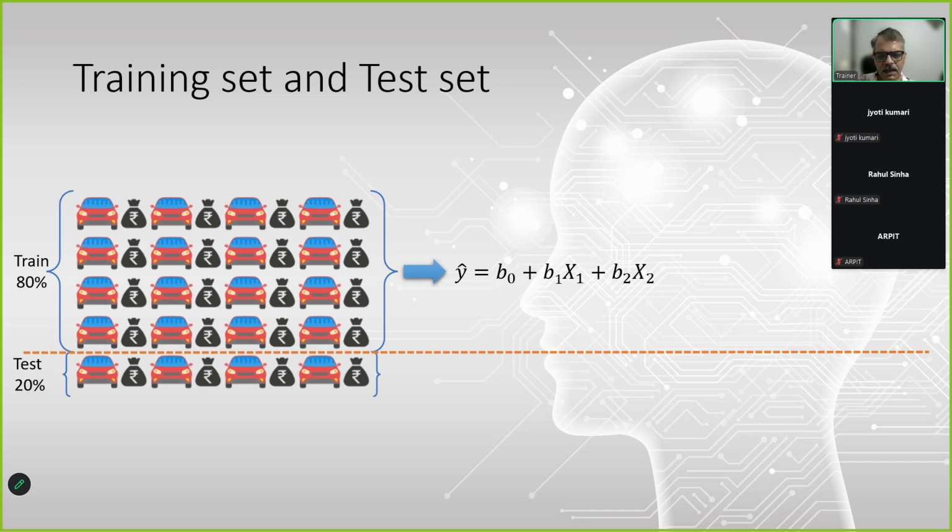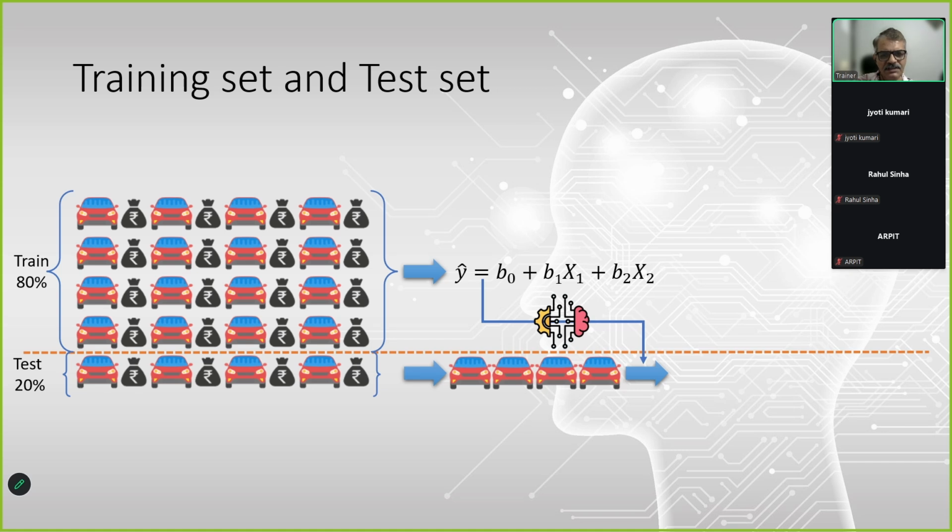In this case we are building a linear regression, say y hat equals b0 plus b1 x1 plus b2 x2. And then we will take the cars from the test set. We have 4 cars in the test set, and we will apply our model to these 4 cars.